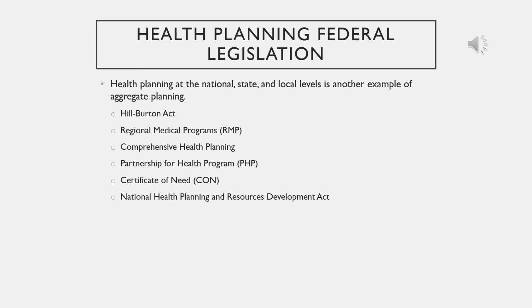The Hill-Burton Act caused the expenditure of vast sums of money and resulted in an increased number of beds, especially in general hospitals. We also have the Regional Medical Programs, or the RMP. The RMP is intended to make the latest technology for diagnoses and treatment, like heart disease, cancer, and strokes, available to community healthcare providers.